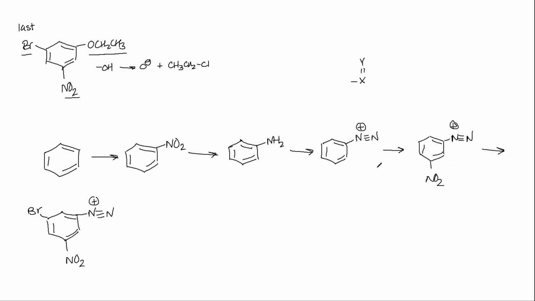Is everybody kind of okay with that? Yeah, thank you. So then I would want to now finally convert, after I have all my groups in the meta position, that to the OH group.